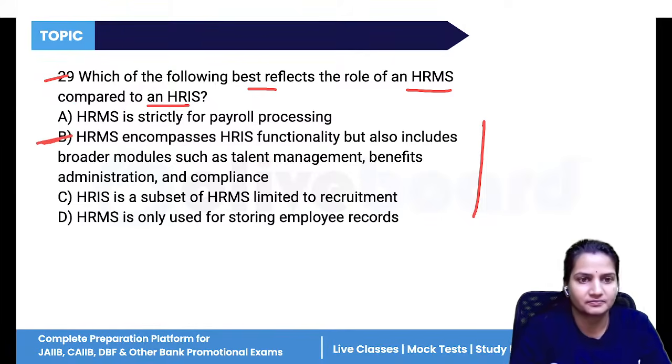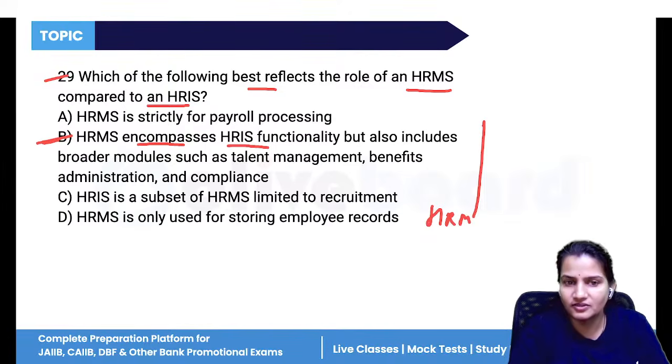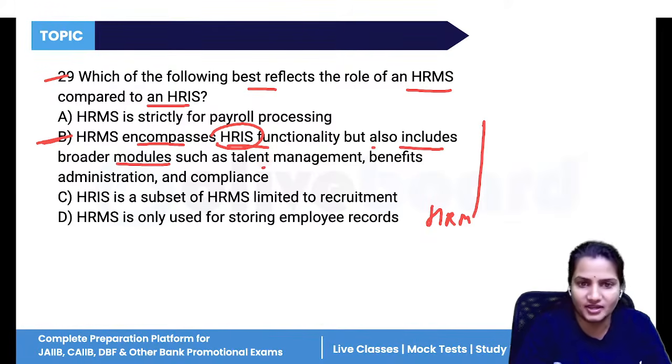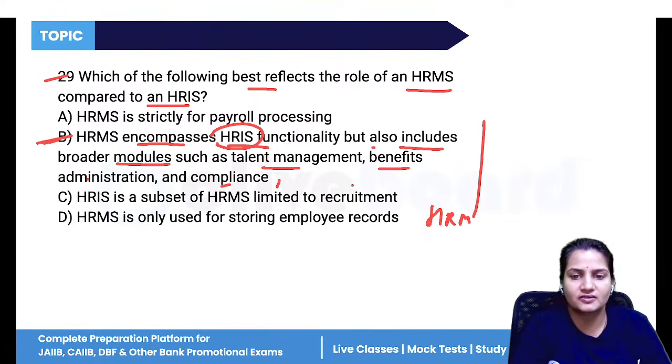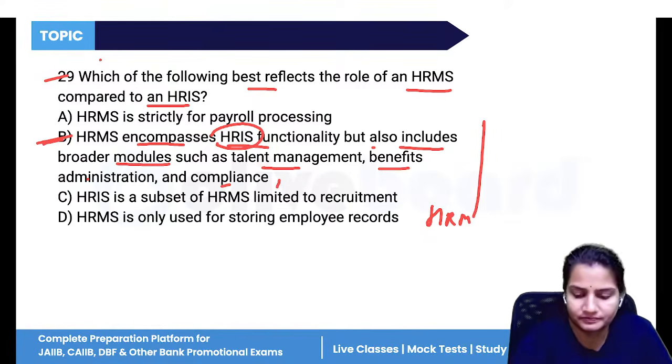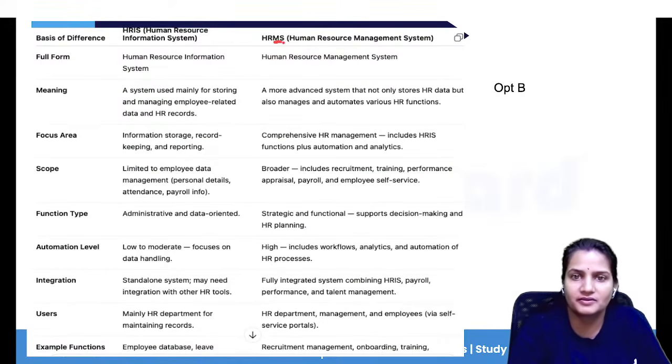Yes, correct, it's B. HRMS includes the function of HRIS, but it also includes other modules such as talent management, benefits, administration, compliance, hiring, recruitment, selection, training, every activity. So HRMS will have a broader scope and HRIS will have a limited scope. It is limited to only the information system, IT.